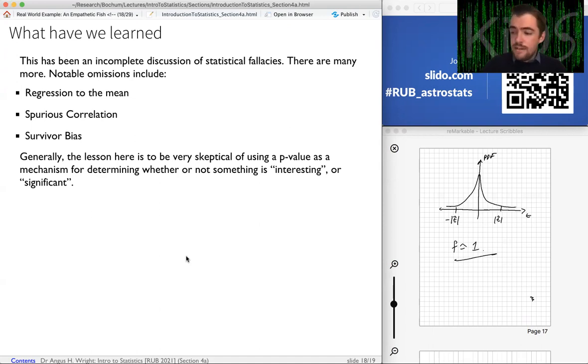Regression to the mean refers to the problem of defining a sample to analyze based on a noisy quantity.